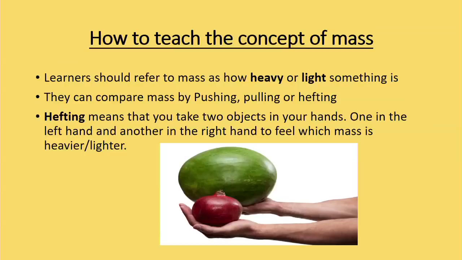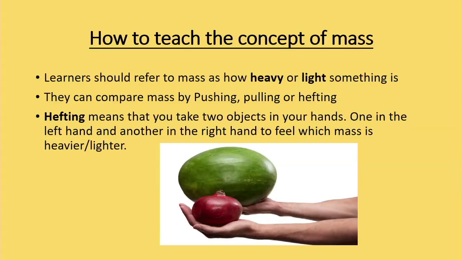Now the learner will compare the mass through how heavy the table of the teacher is when he pushed or pulled the teacher's table, and when he pushed his own desk. So which one is heavier and which one is lighter? And they can also compare mass by hefting.